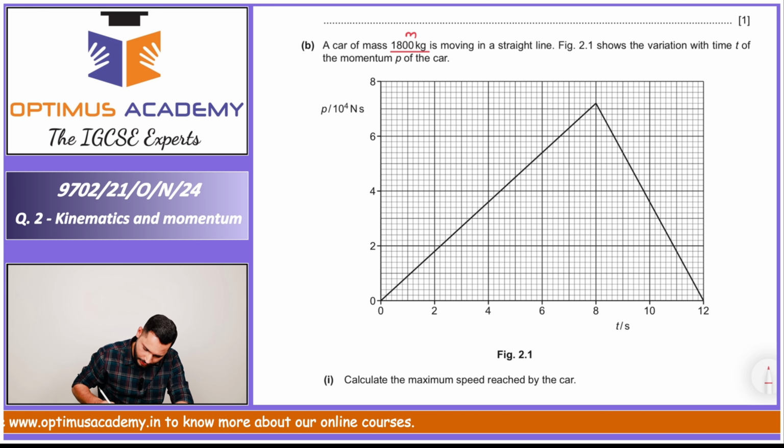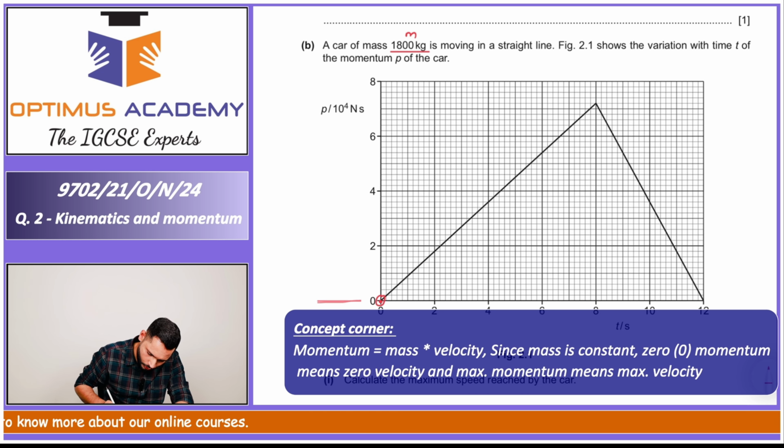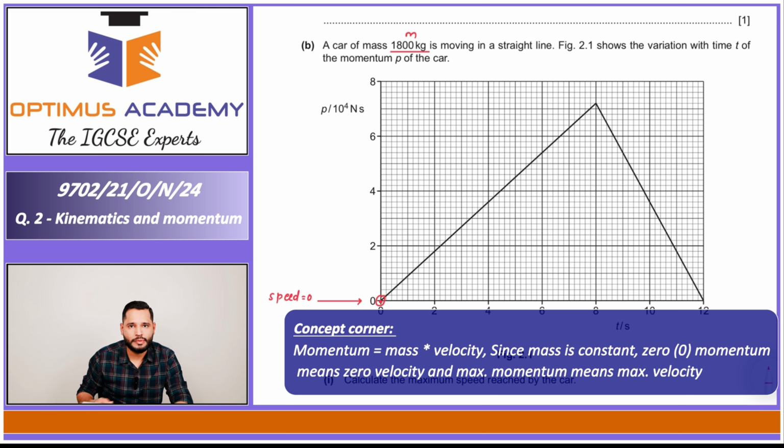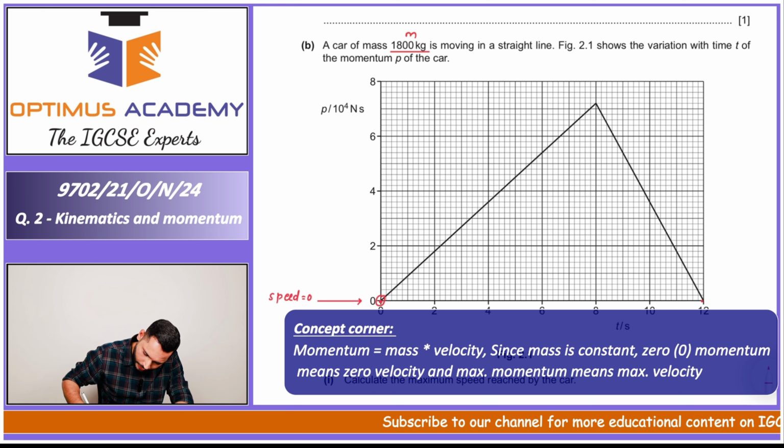Initially the momentum is 0, so the speed of the object is 0. Why? Because momentum is mass into velocity. Mass is 1800. If momentum is 0, it means the velocity of the object is also 0. Again, at this point, the object is coming to rest, meaning the speed will be 0.